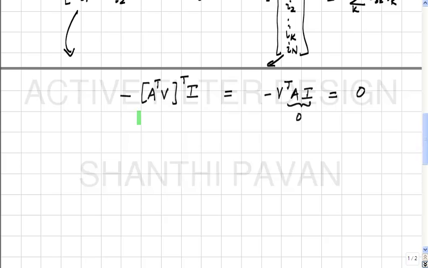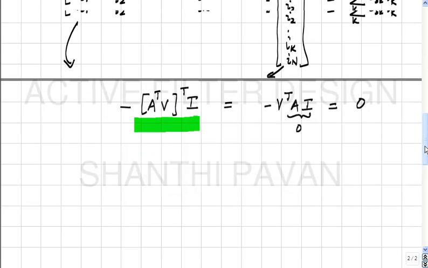The sum of the products of the branch voltages and the branch currents is nothing but the branch voltage vector transpose multiplied by the branch current column vector. The branch voltage vector in terms of the node voltages is A transpose V. So that transpose times I is what you are looking for, which is nothing but V transpose AI. AI we know is 0 because all the branch currents satisfy KCL at every node. So this is 0.